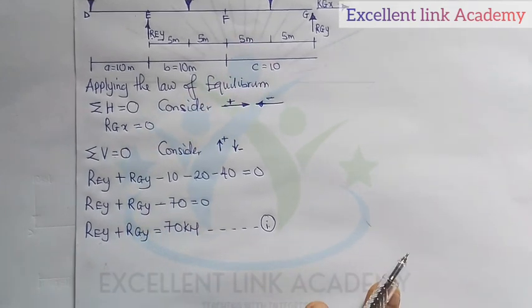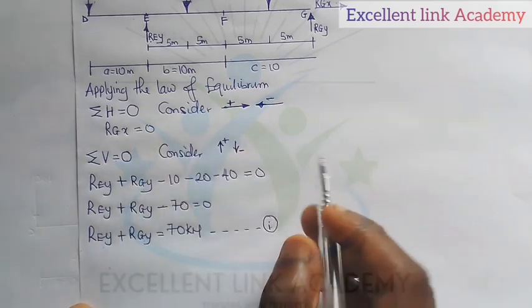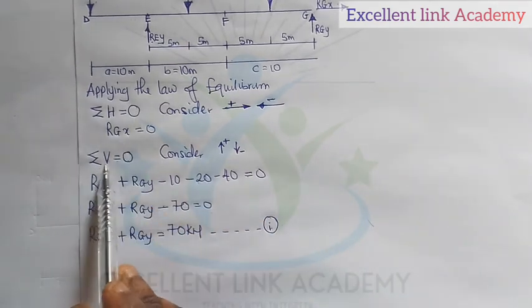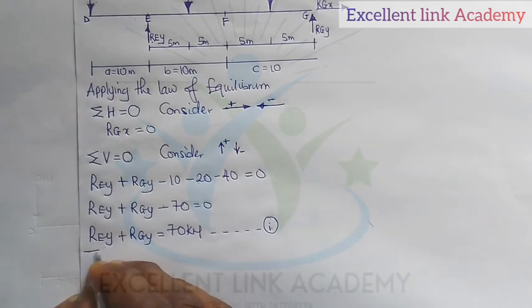So let's proceed, please. We said the first law of equilibrium is summation H equal to 0. The second law is summation V equal to 0. The last law is taking moments.